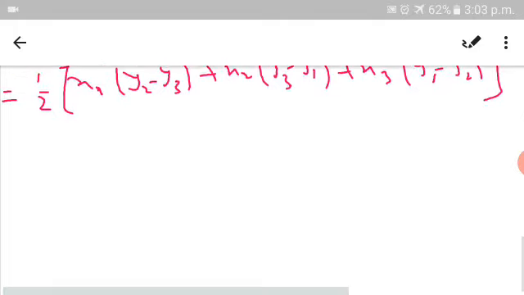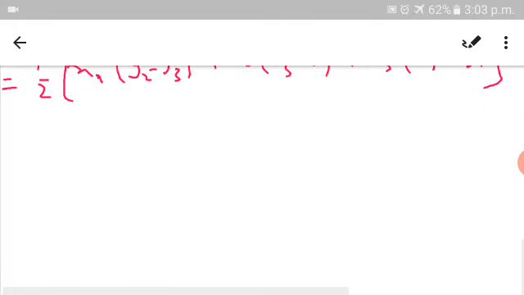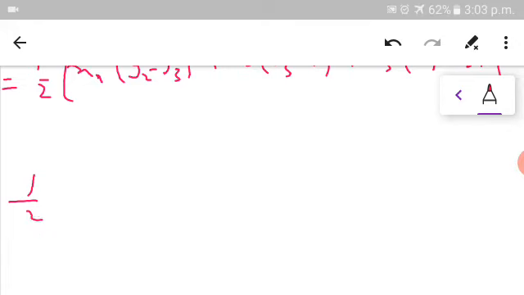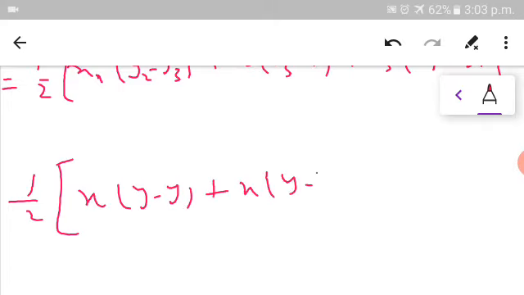Suppose you are not able to learn this formula, so what you will do, just write like this. Write 1 by 2, and then write x y minus y plus x y minus y, plus x y minus y, like this you have to write 3 times.